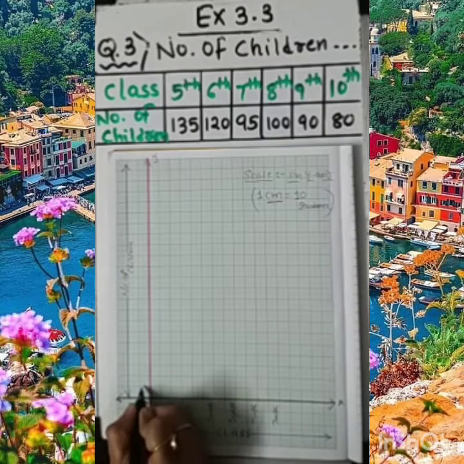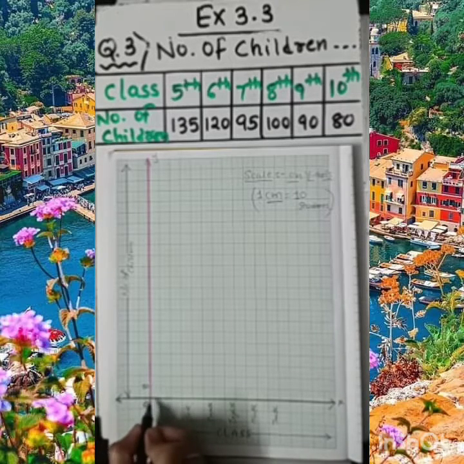So if I start with this, then here it is 10. Don't leave a single column. Don't leave a single box.